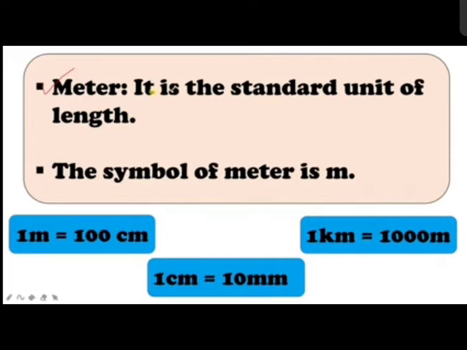So the standard unit of length is meter and the symbol of meter is small m, and 1 meter is equal to 100 centimeter, 1 centimeter is equal to 10 millimeter, and 1 kilometer is equal to 1000 meter. So the symbol of a unit is always written with a small letter, like the symbol of meter is small m.